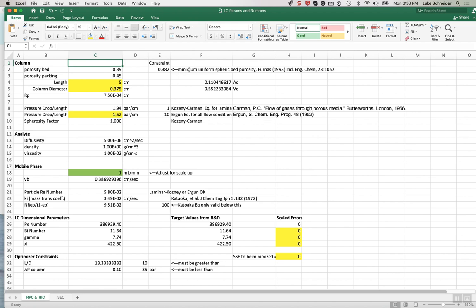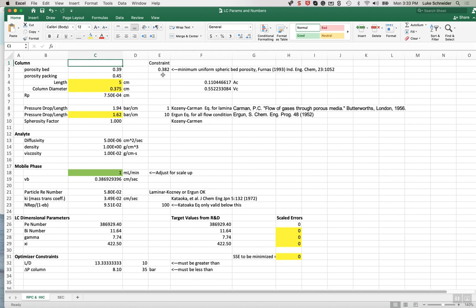Now we also have a constraint that the uniform packing of perfectly uniform spherical beads is 0.382. That's the best packing you could ever get. That's the minimum porosity that you could reach. Furness proved this in 1993.